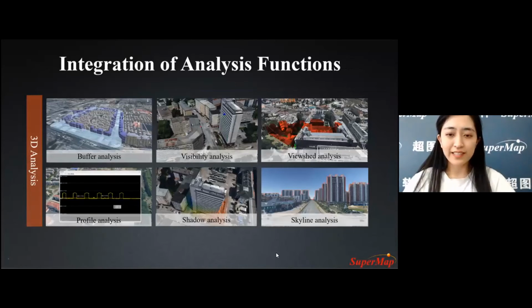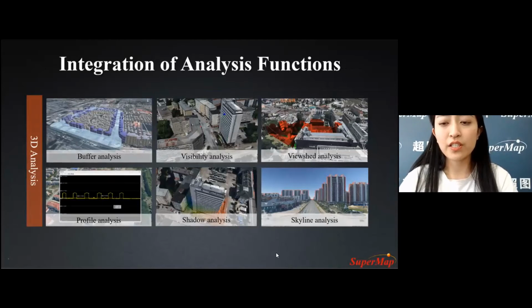Okay, and then I'm going to introduce the integration of the analysis function. SuperMap analysis function integration: on the one hand, the results of the 2D analysis can be displayed in a 3D scene.